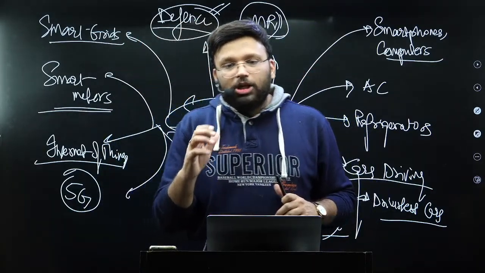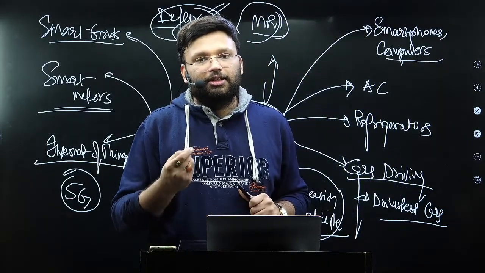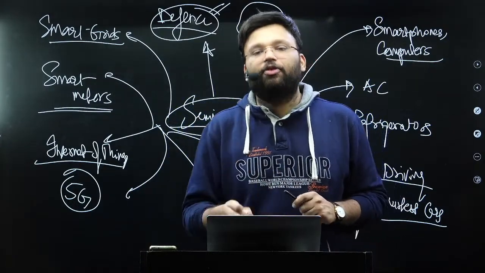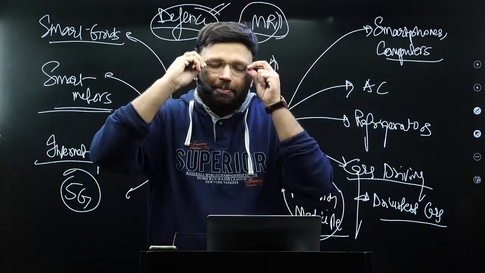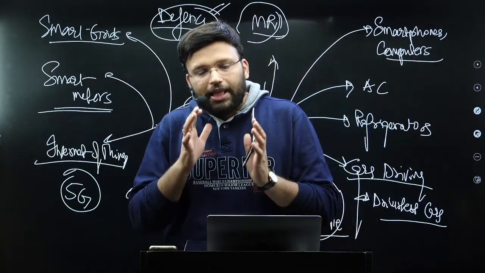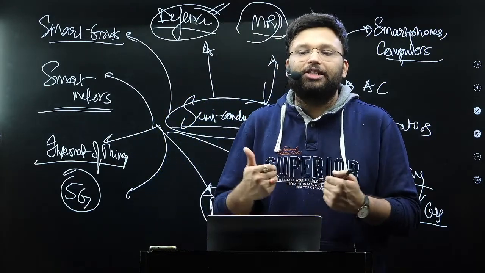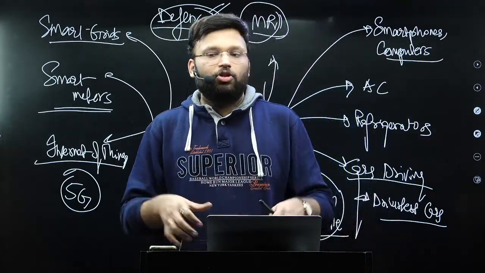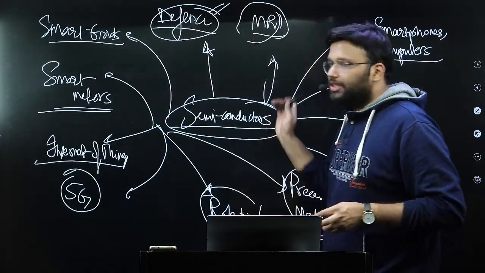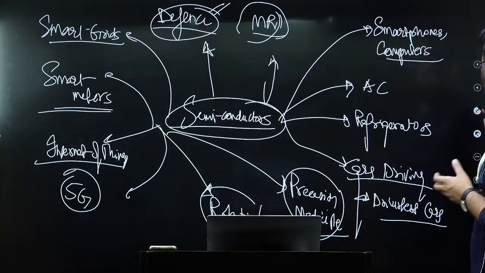So there is also the component where we are not able to trust different electronic equipments and semiconductors which we are importing from China. Though they are at extremely cheap rates, even then we are not able to form that trust when it comes to having those chipsets in our defense equipment. So we need to produce it within India. Okay, this is the interlinkage when it comes to semiconductors.